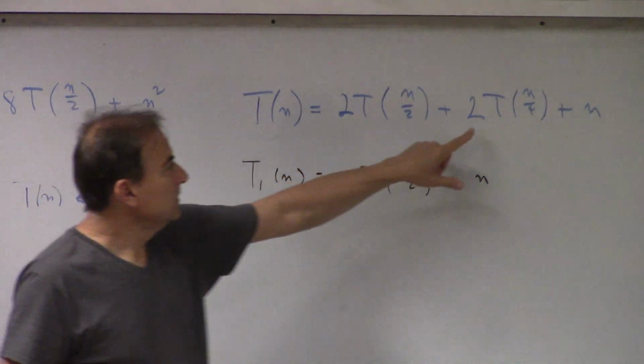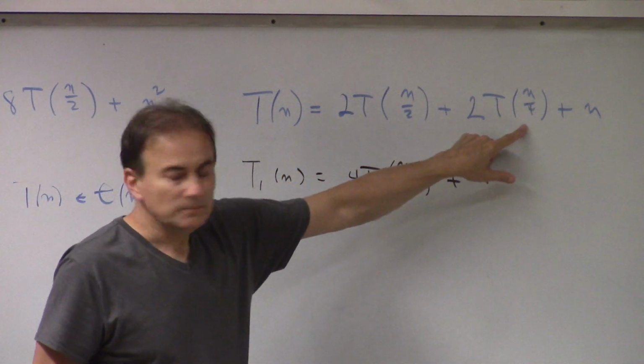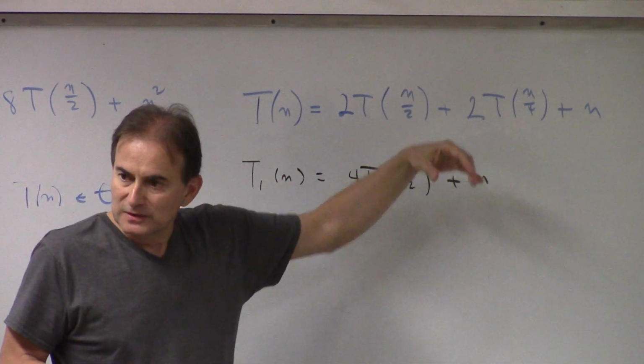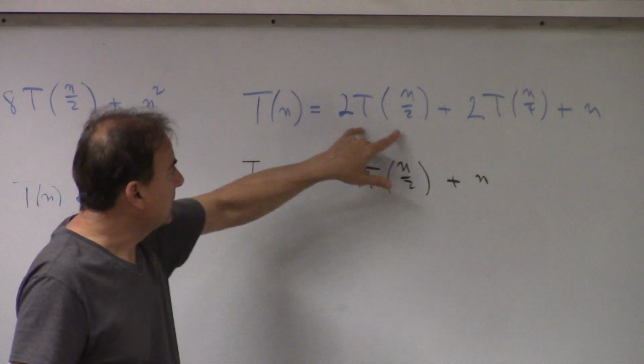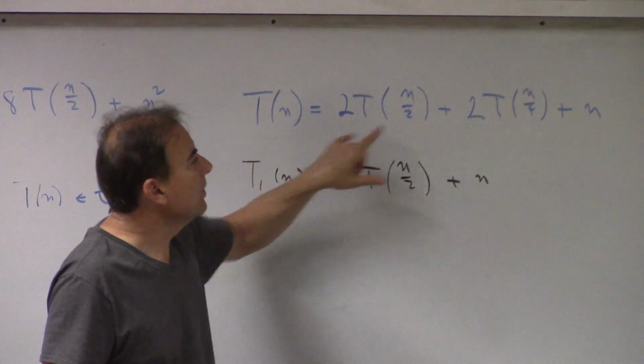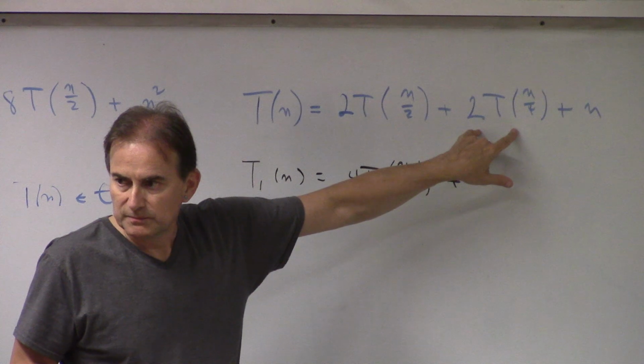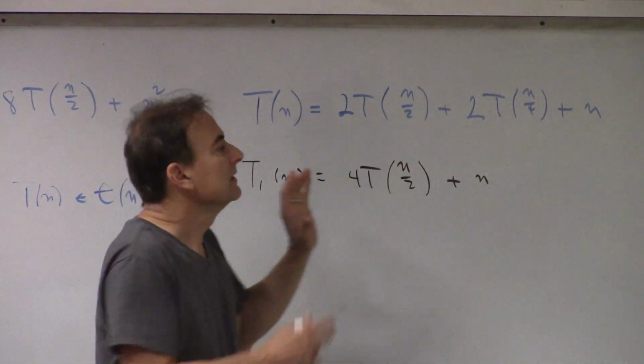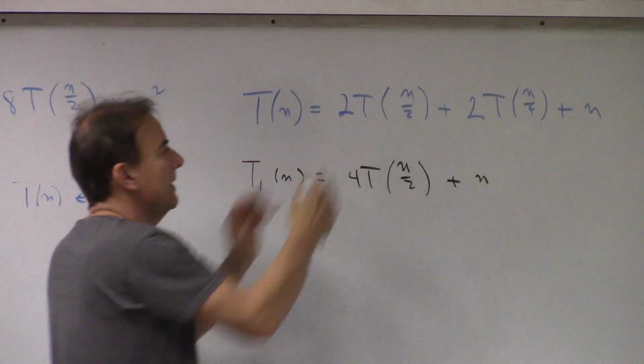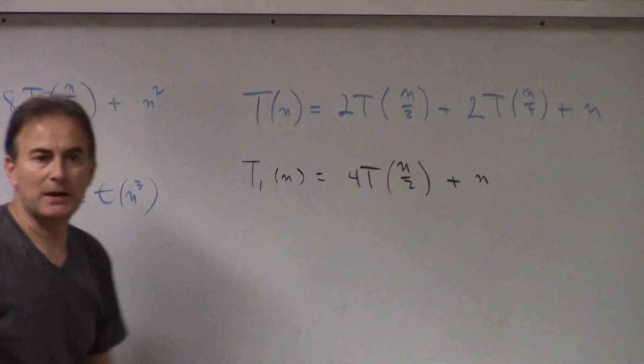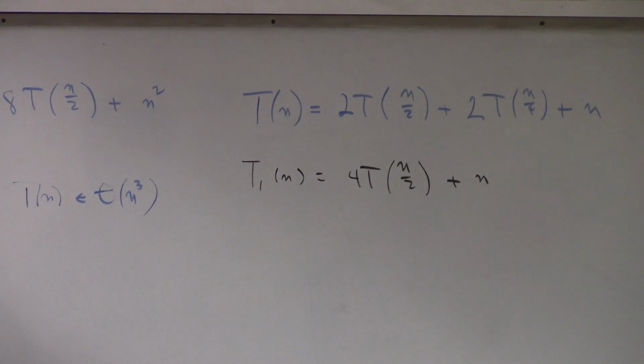Because T of n over 4 is going to have lower complexity than this part. If you just had this or this, we know that this is going to have a lower complexity. So if I take this and increase its complexity so that it matches this, this becomes an upper bound. Why do we do this?